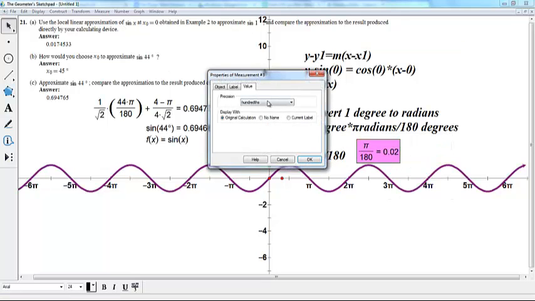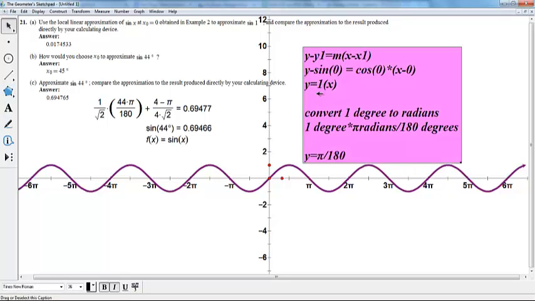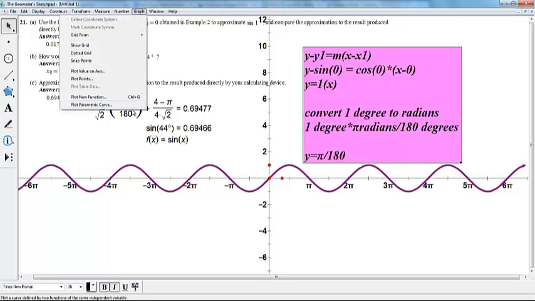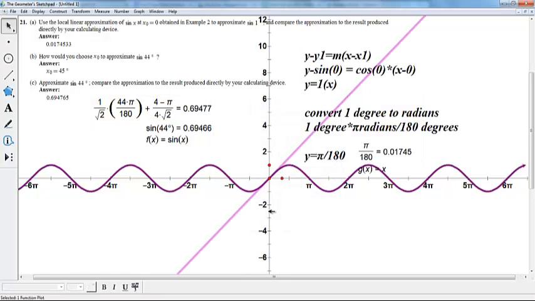If I go here to properties and make this more exact, we have 0.01745, and that's what the answer is. Again, what we did is use the linear approximation. I'm going to graph, plot new function y equals x, and you can see that that is the linear approximation. See how that line falls right along here for values close to x equals 0.